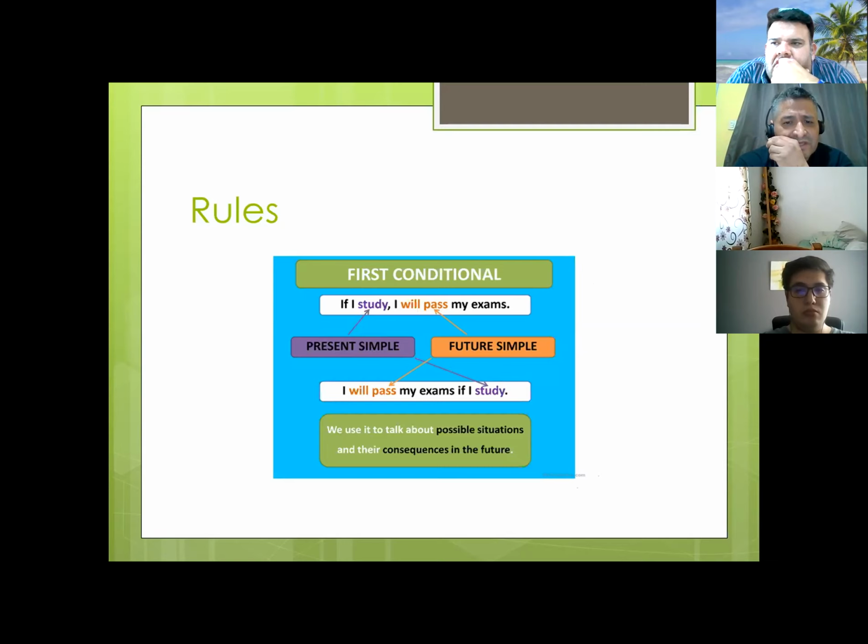Okay, if I study, I will pass the exam. In this case, we are talking about the present, something that is happening, and we are talking in future time, a possibility, something that we possibly are going to do.